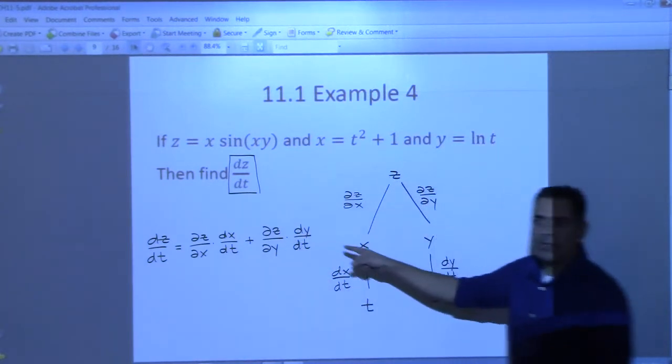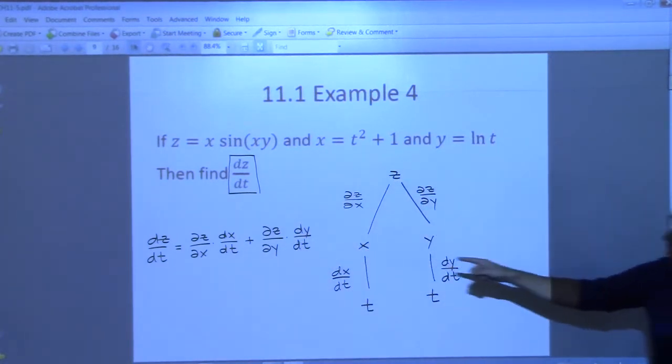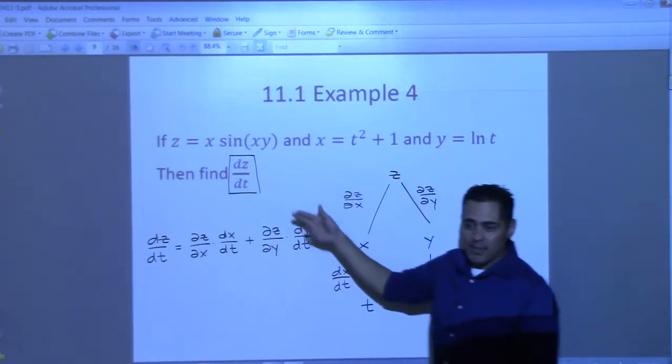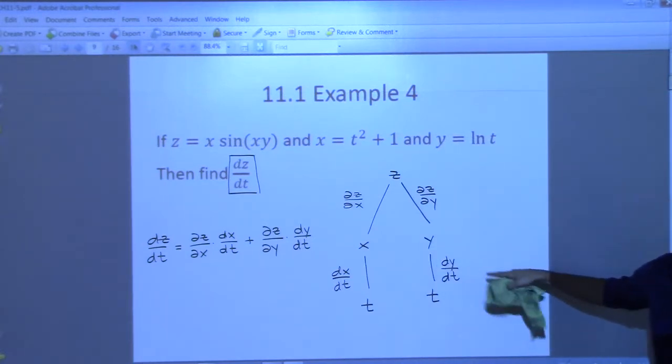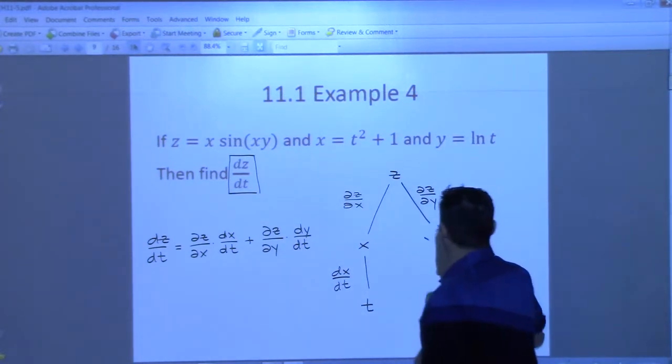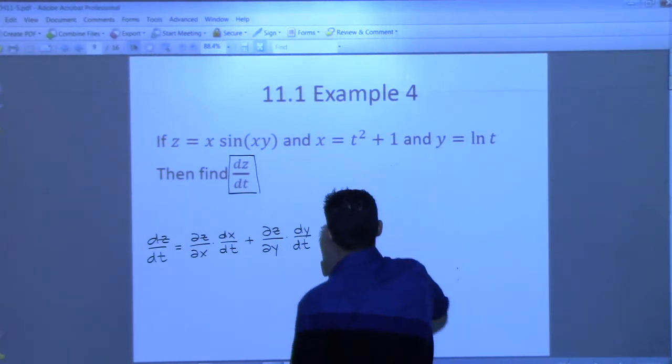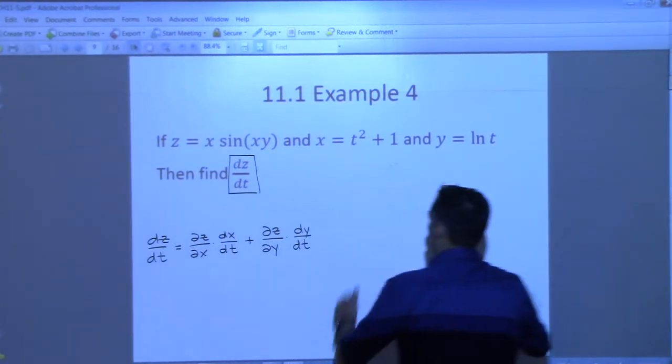And that is the formula that we're going to use to figure out what dz dt is. Any questions before I erase this part of the tree here? We're good? Okay, let's do these derivatives because each of these is going to be a little bit of work.